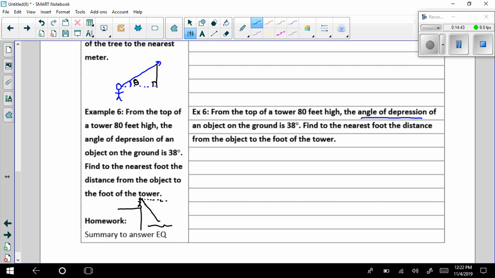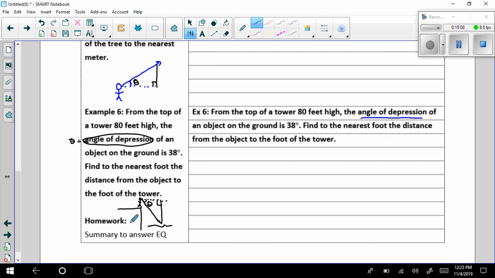It creates again that right triangle, but that angle of depression is inside that one. So it would be going down this time. So there's theta. The picture's a lot smaller here. Theta is your angle of depression.